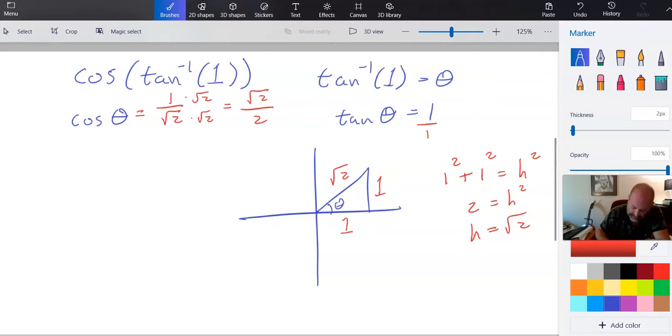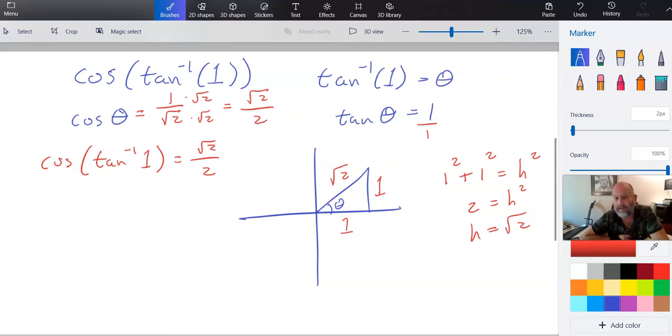So I just found that cosine of the tangent inverse of 1 is equal to root 2 over 2. Basically what you're doing is peeling down the layers of tangent inverse to the 1 and then using that 1 as a ratio to figure out what cosine is.